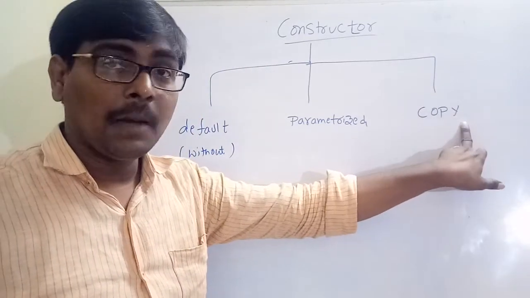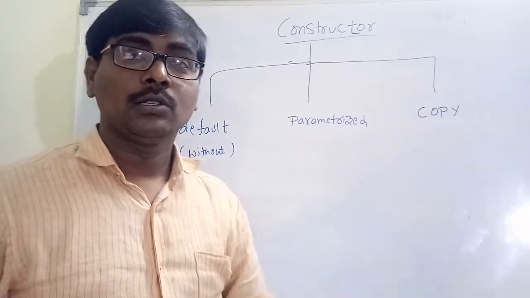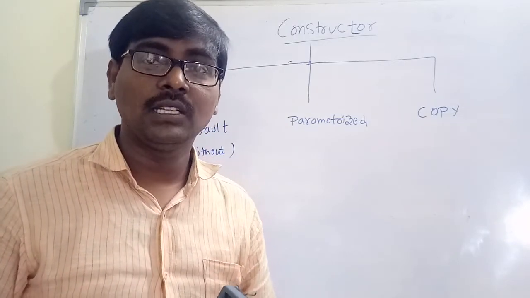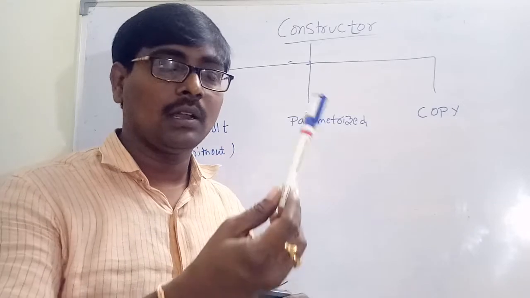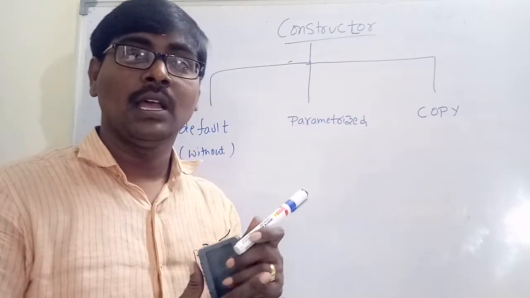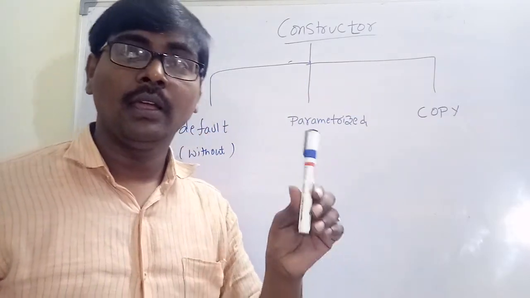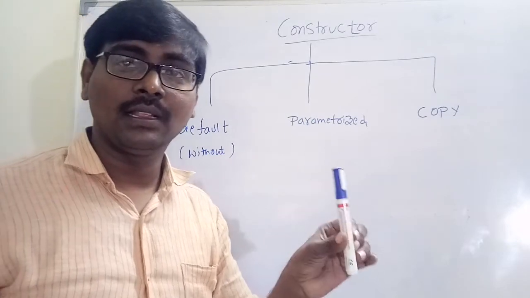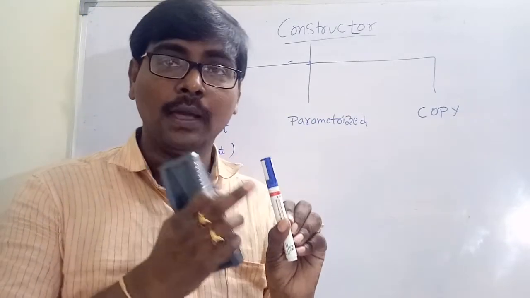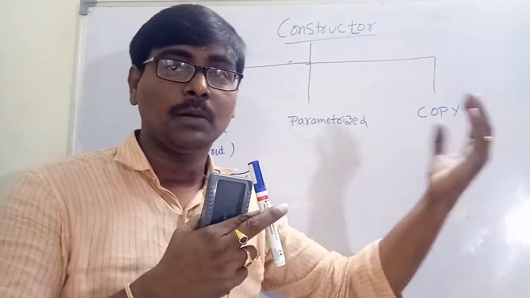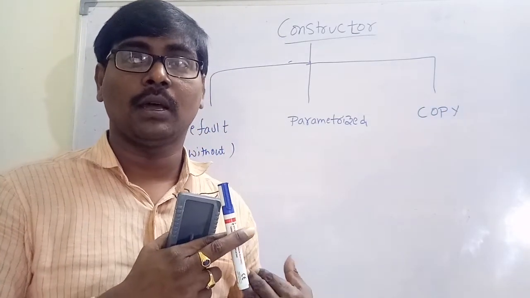But what about a copy constructor? I went to the shop and simply asked the shopkeeper, give me another marker like this. That is, I am showing my marker and asking for a marker like this. This is the copy constructor. By using these values, the shopkeeper gives another marker.